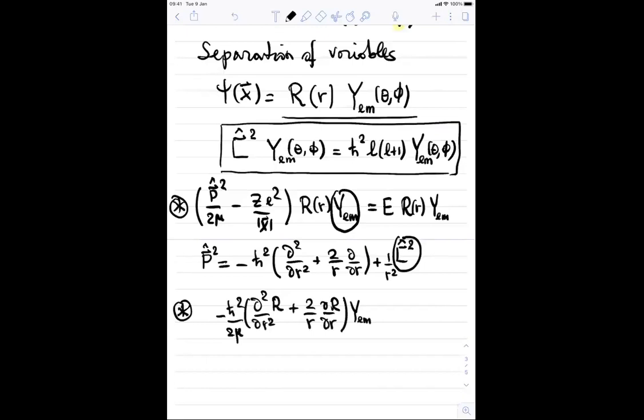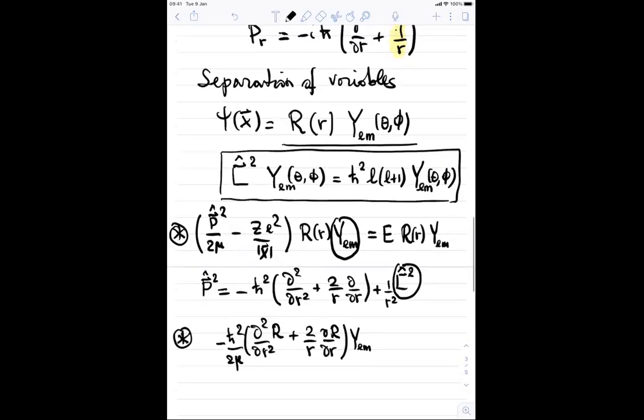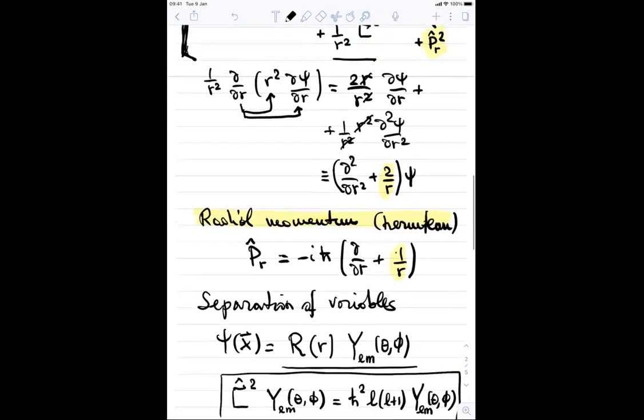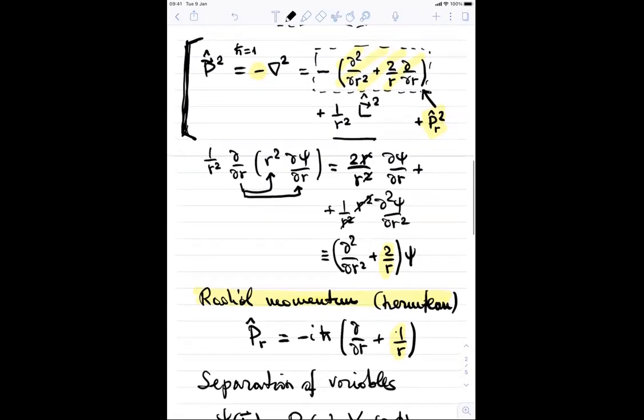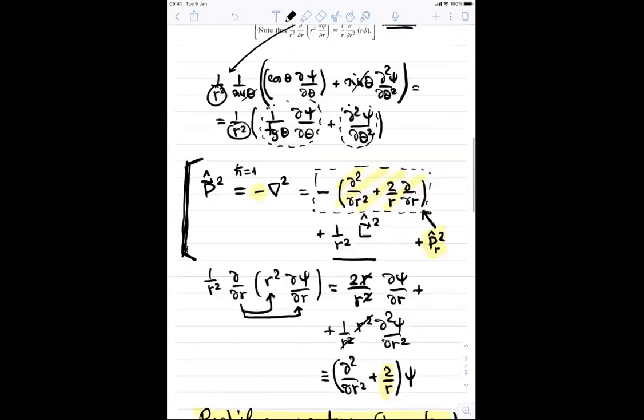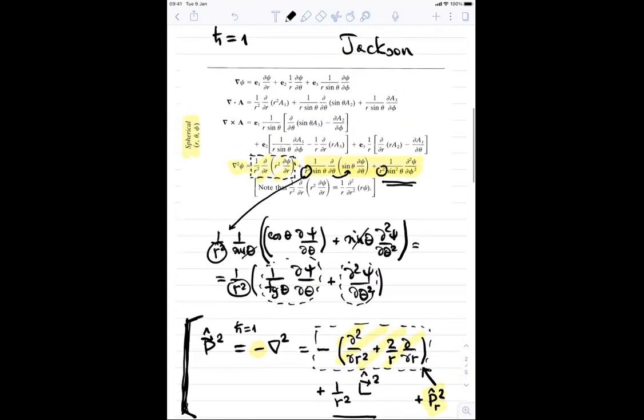Sorry, Professor. I don't get where the term L² comes from in the expression of P². Oh, it comes either from a careful look at the lecture notes and doing the algebra that I proposed there, or from a careful look at Jackson's expression for the Laplacian in spherical coordinates.